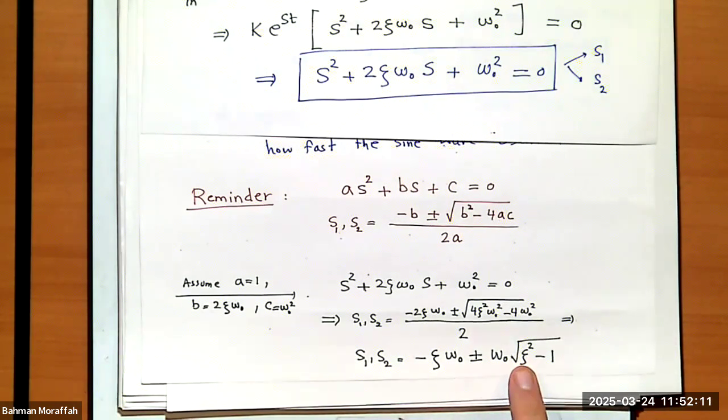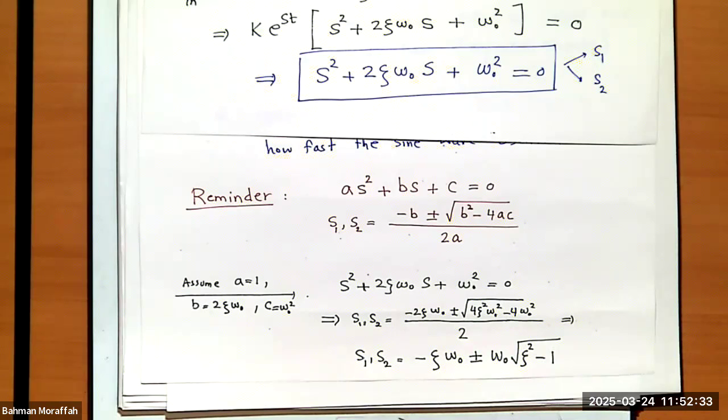And if zeta is less than 1, I have a negative number under the square root, so I end up getting a complex number, which I can write in terms of a sine wave. So zeta indeed determines what kind of solution we have.